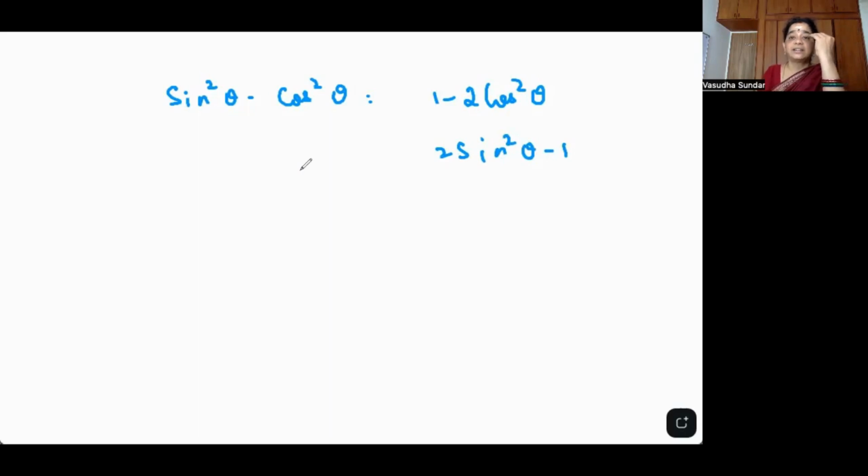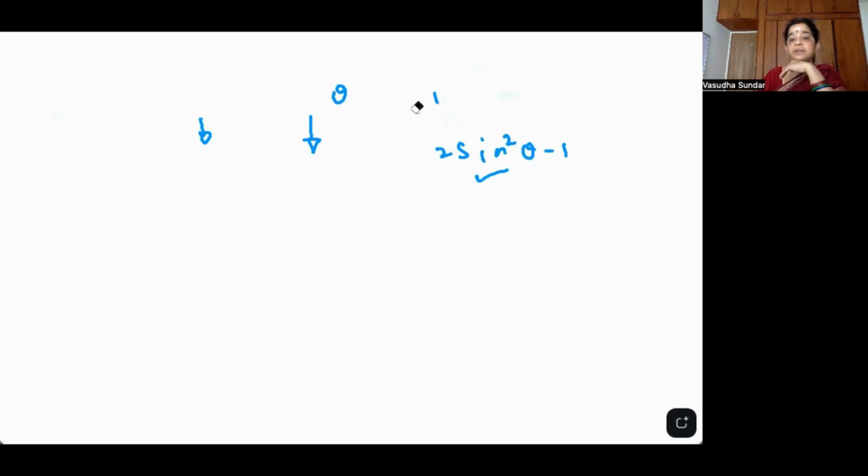So looking at the right hand side, you will have to start doing the problem on the left hand side, keeping track of the right hand side. Suppose you want this, then you'll have to convert this sine into cos. Suppose the right hand side is this, then you'll have to convert cos into sine. So it's very important to keep track of what is required in your right hand side. That is the first tip.